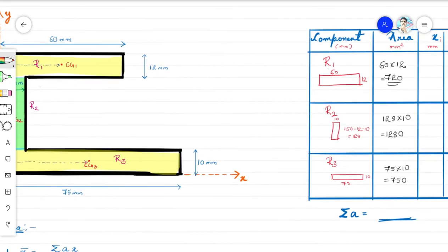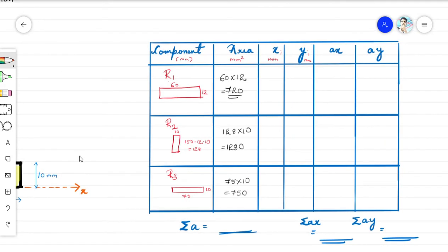That is a distance. If that is a distance, over here we know that it would be 12 by, what is the other distance, 60.